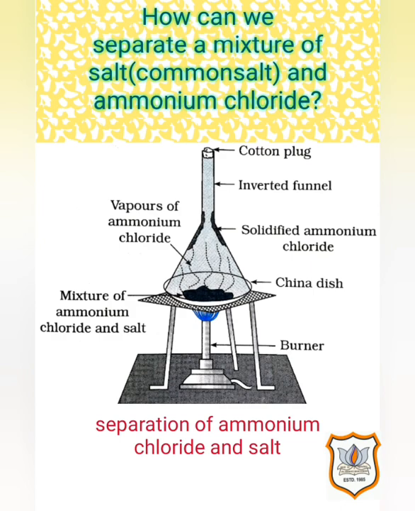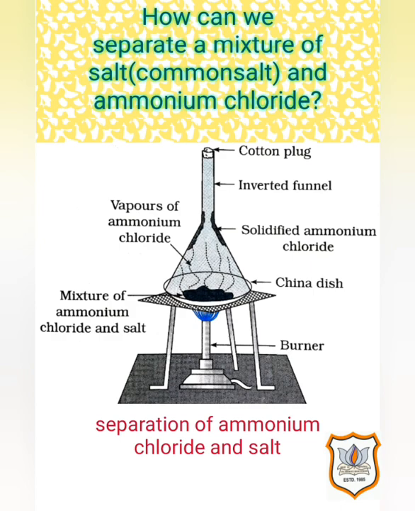To separate such mixtures that contain a sublimable volatile component from a non-sublimable impurity, for example salt in this case, the sublimation process is used. Some examples of solids which sublime are ammonium chloride, camphor, naphthalene, anthracene, etc.